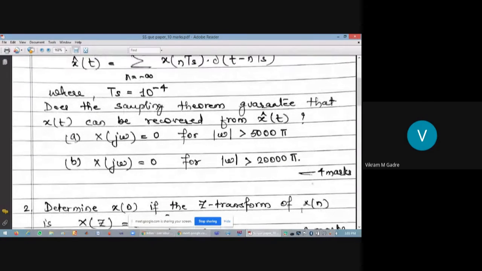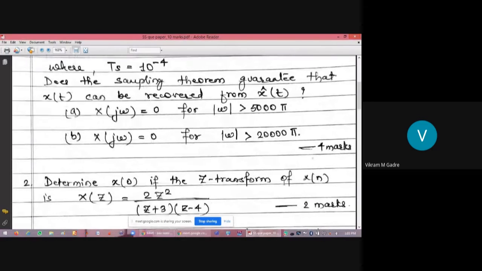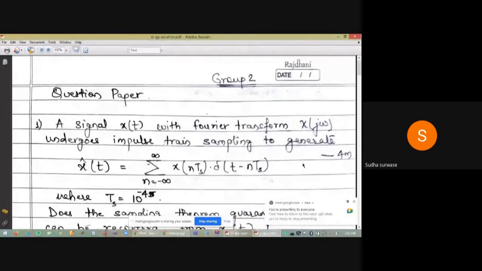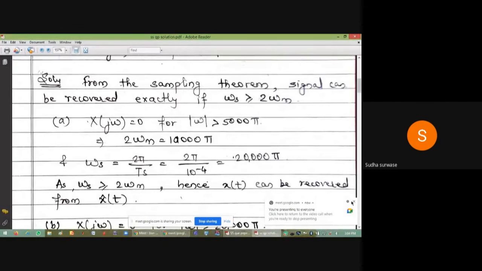Okay, very good. You can explain the solution now. Here is the solution. We know from the sampling theorem that a signal can be recovered exactly if omega s is greater than twice omega m.